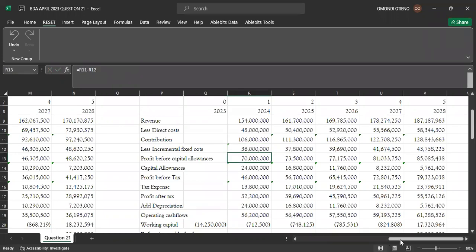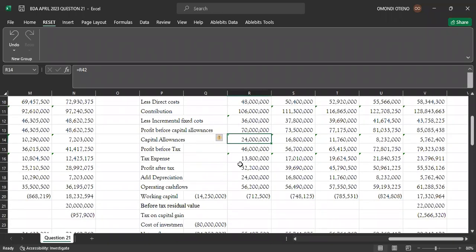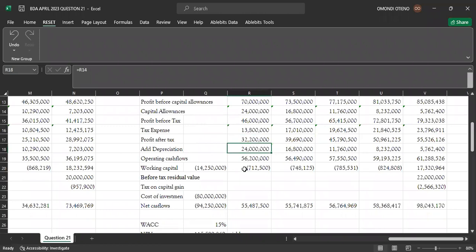Then capital allowances, the rate has remained constant, but now the amount to be depreciated has changed. So automatically it has picked that from our formula there. The tax expense is 30% of this. Depreciation, we are adding whatever is already given there. We are going to adjust nothing there. Operating cash flow, you already set the formula.